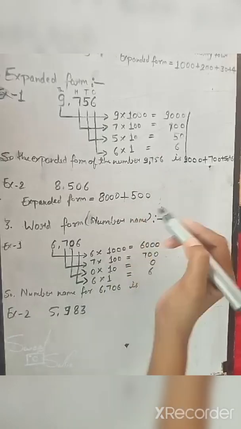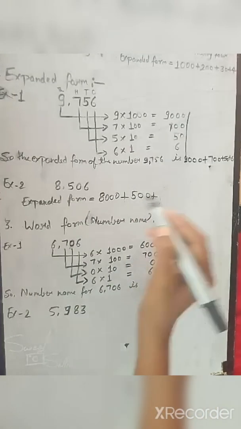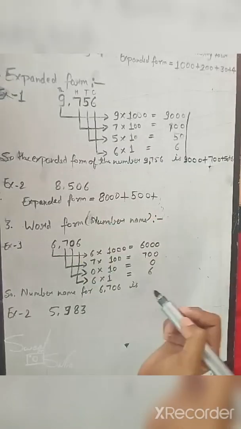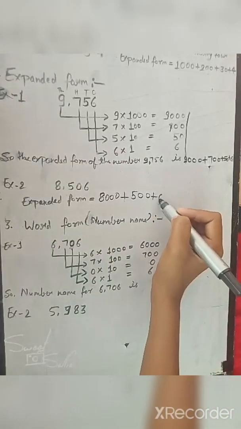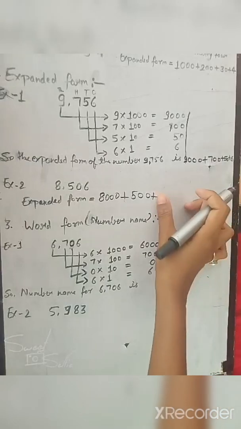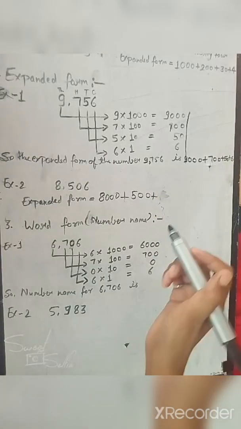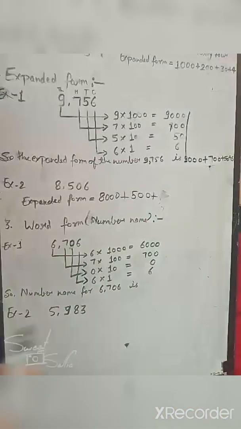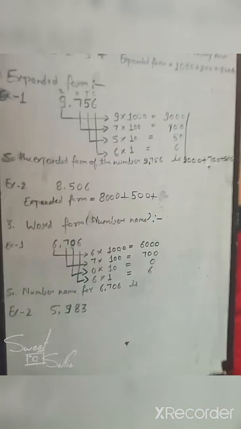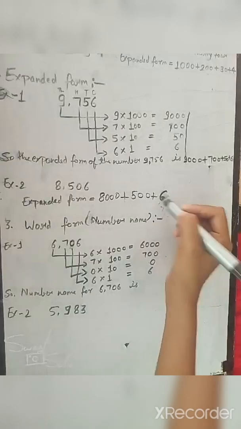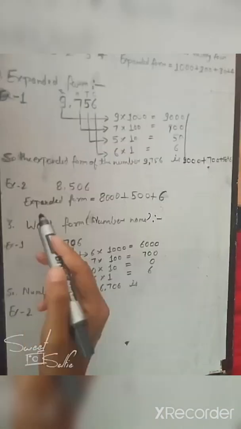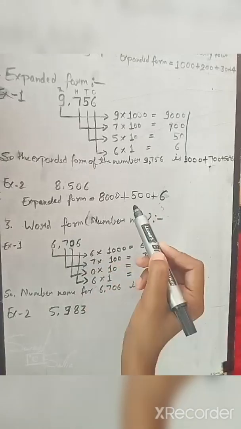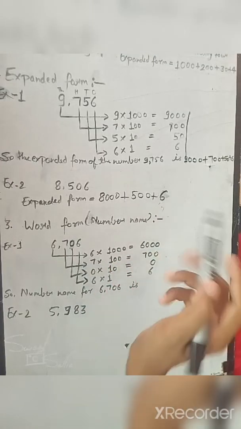Again plus sign. 0, so there is no need to write 0 here. We can write it, but we can remove it. Now 6 is at ones place, so we multiply 6 with 1, and 6 multiplied by 1 is 6. So this is the expanded form of 8506: 8000 plus 500 plus 6.